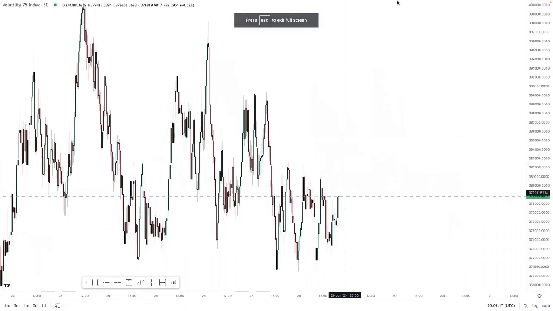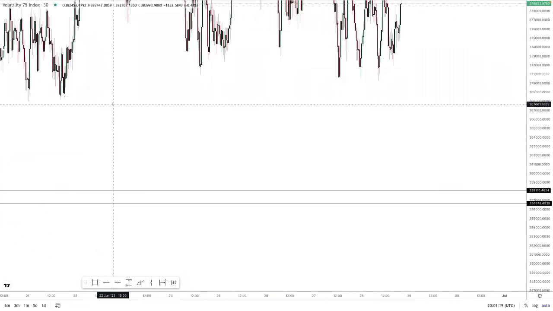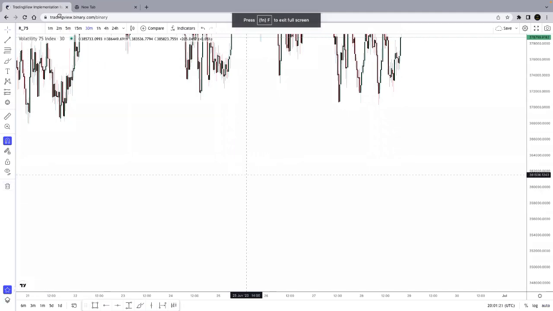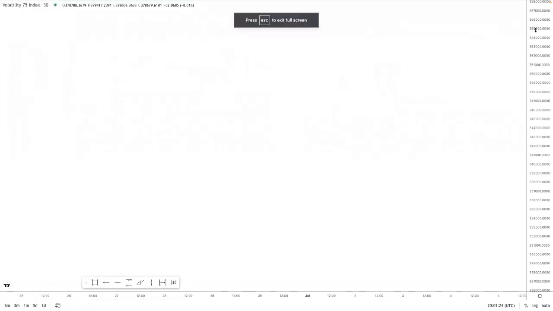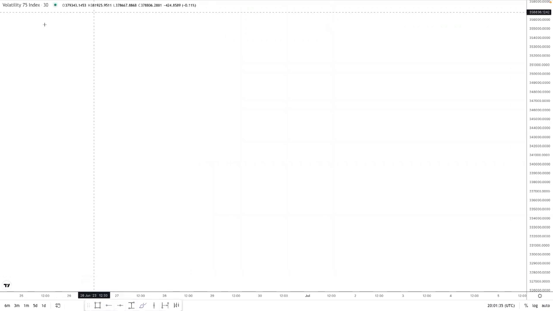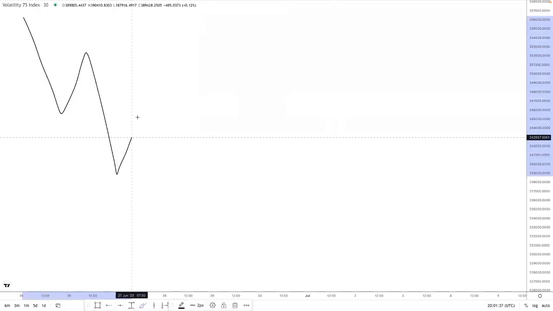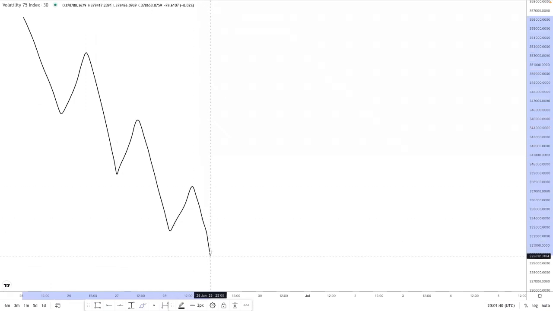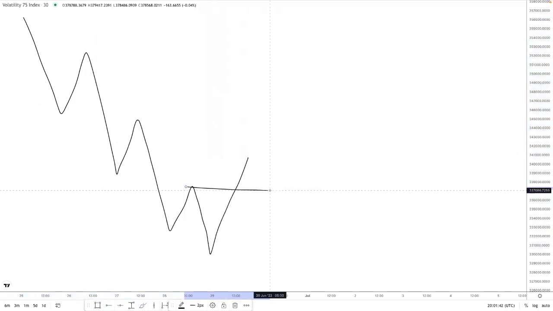Yes. So the first structure we usually use is called invalidation. Let's say we have this downtrend right here. We are making lows, then price gets to break structure. Remember, whenever price breaks structure, that means there is a high possibility we may change direction of the trend.